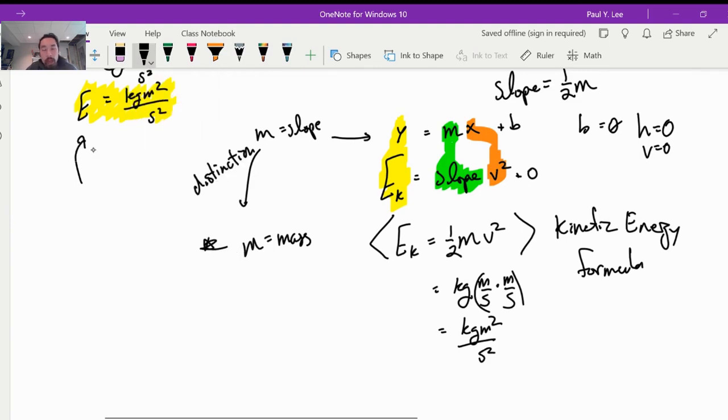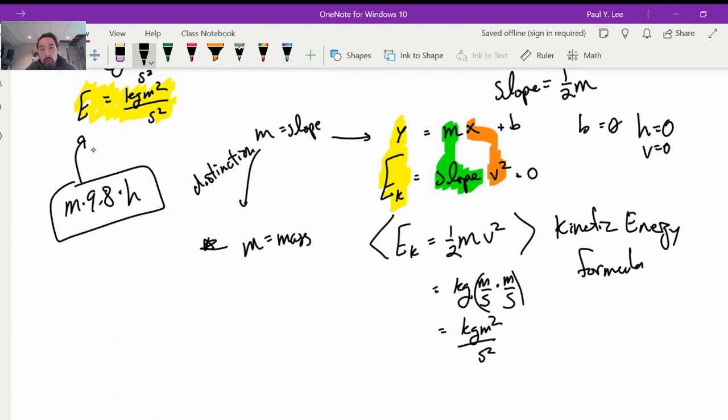And we got that because I told you to multiply the mass of your object times 9.8 times the height. Now, this is really cool, right? This kilograms meters squared per second squared, we got it from the m times g times h formula. And lo and behold, the kinetic energy formula down here has the same units.